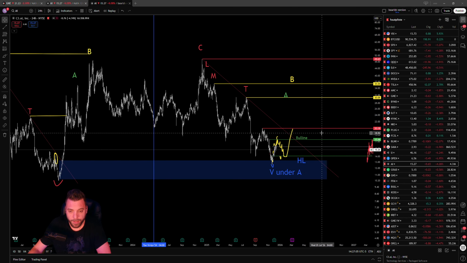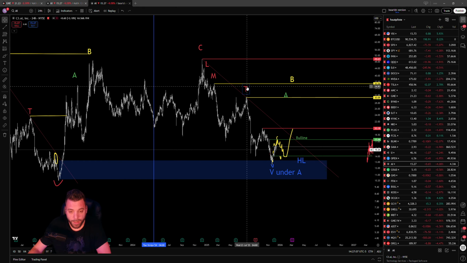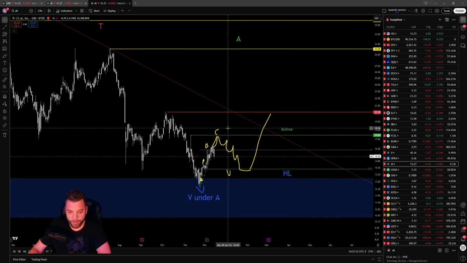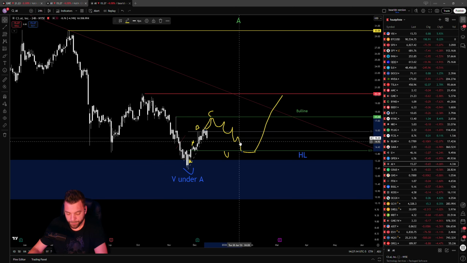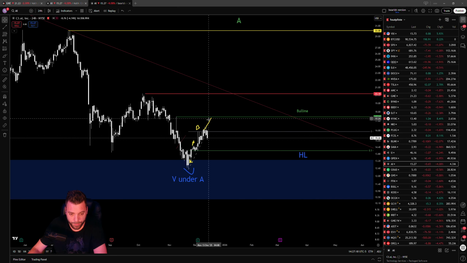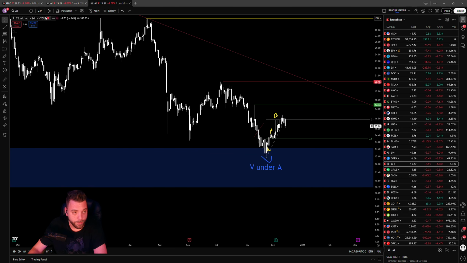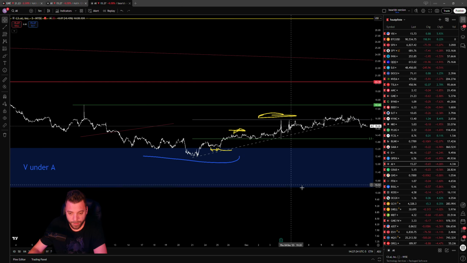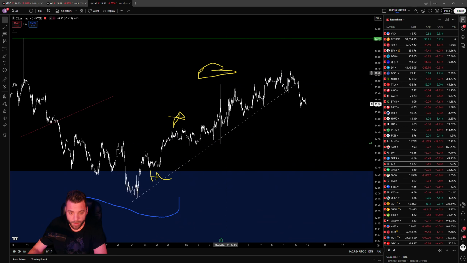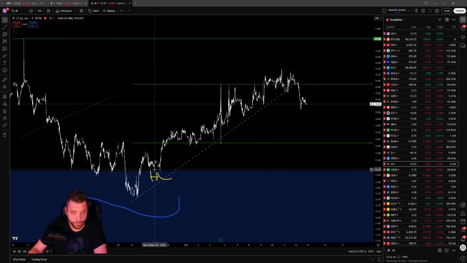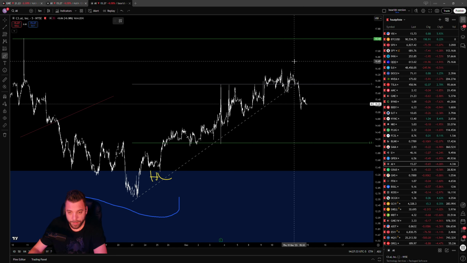For my tracking, you already did your CLMT, your V under A, and right now you're doing your higher low. And after the higher low, you're ready to go to your A. So let's look. We see something here. So for this higher low, this would be a small higher low.